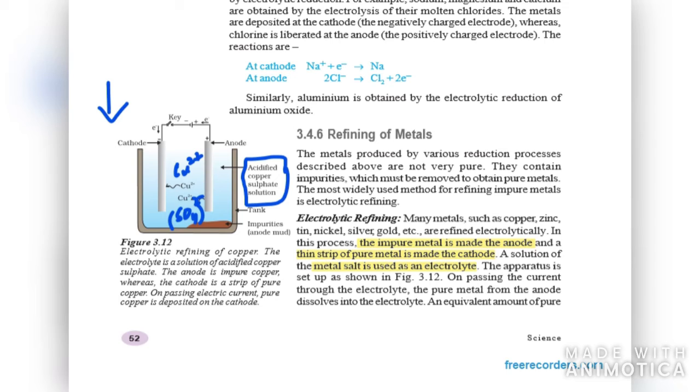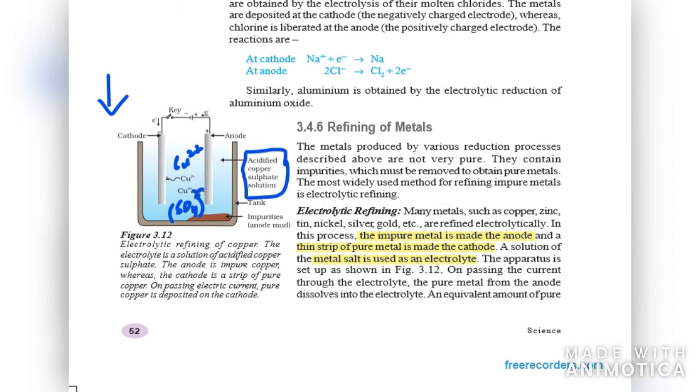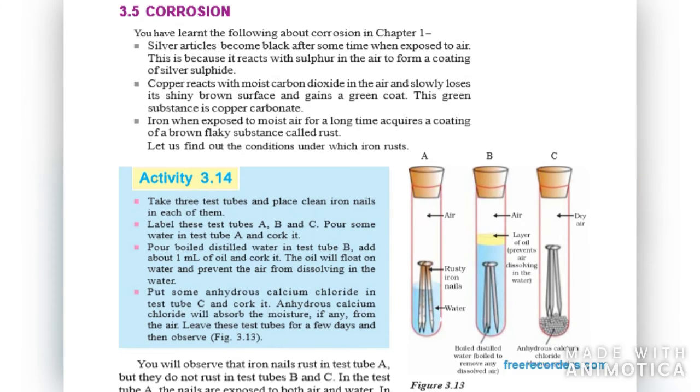On passing the current through this electrolyte, we have two ions, copper and sulfate. The copper will be more attracted to the cathode as it is a positive ion, and the negative one will be towards the anode. So pure metal is deposited on the cathode, whereas this anode mud is actually the anode impurities.